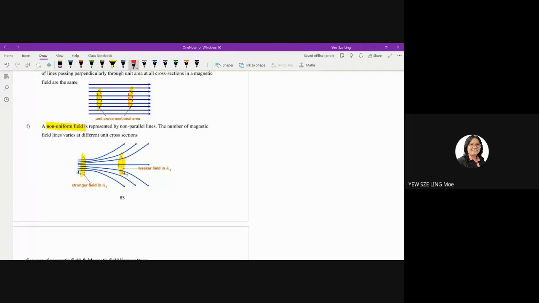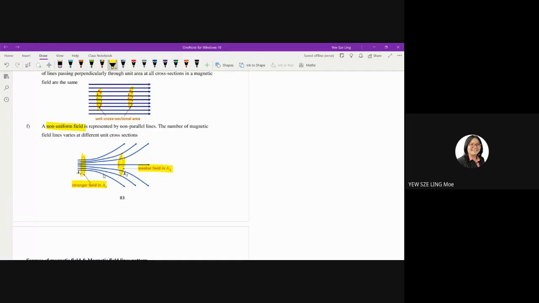So if fewer lines pass through it, what does it mean? It means that now you have a weaker field strength. Okay, if fewer lines pass through it, it is a weaker field in the cross-sectional area A2. But if more lines pass through it, then you have a stronger magnetic field strength at this position, at A1.